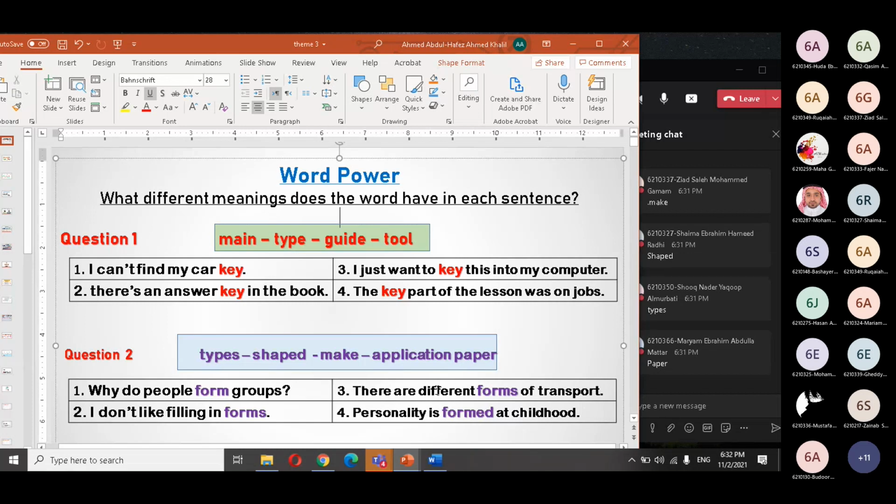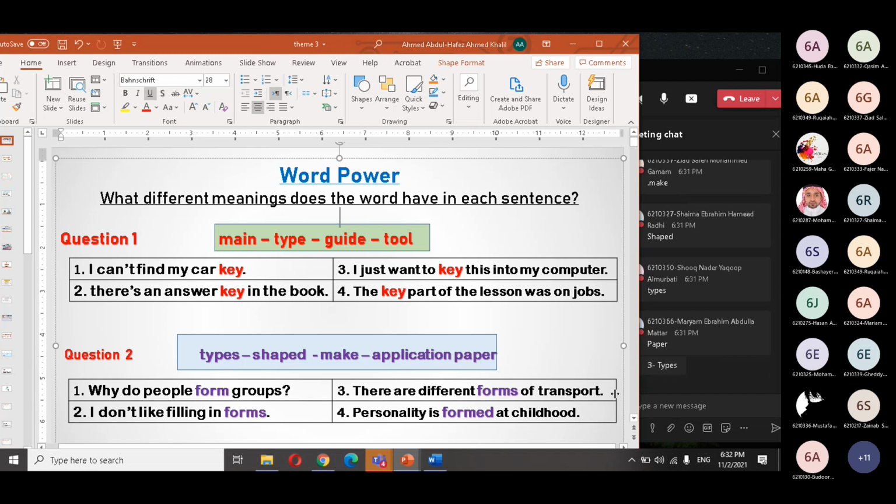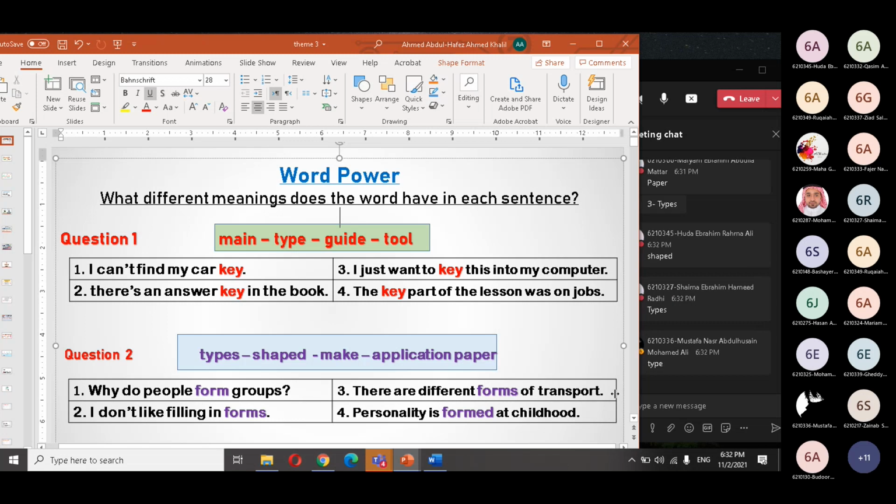Number 3, there are different forms of transport. Shape means to form or shape. Here it's a verb. There are different forms of transport. Yes, as Dair said, and Shog said, and Mustafa, Shayma.